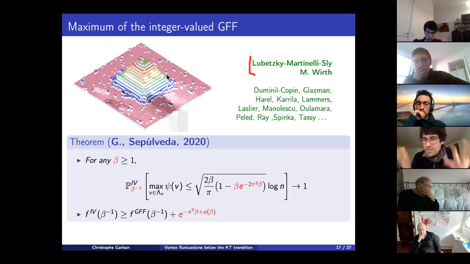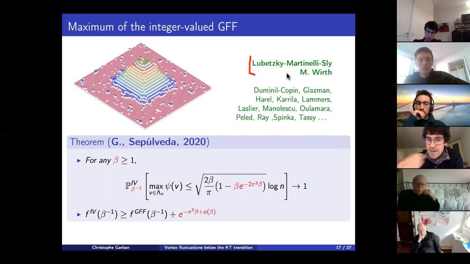So when it's hard for them to fluctuate, they know exactly, up to ±1 fluctuation, where the maximum of those fields is. If the temperature now is large, which corresponds to the Villain model at low temperature, which is the interesting phase for us, Matteo Vers has proven that the maximum will be at least as high as a constant times log n, a bit like what you would have for the Gaussian free field.